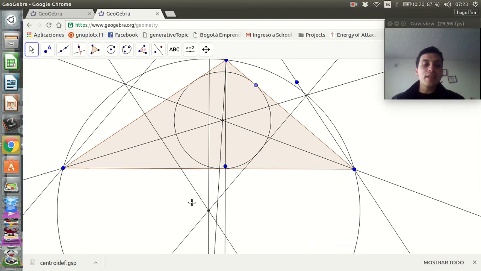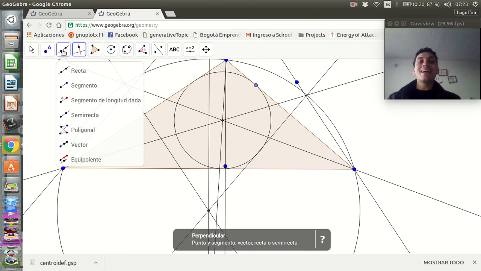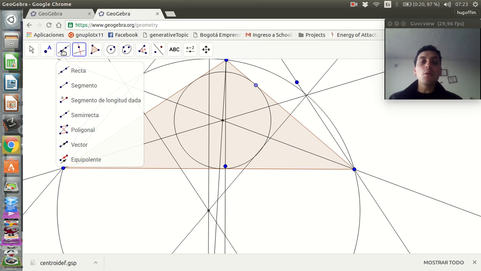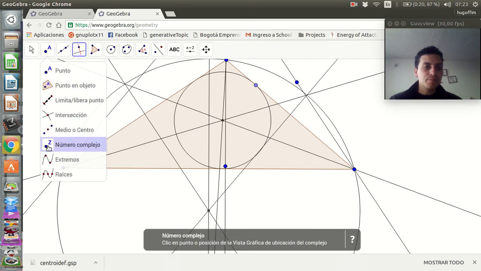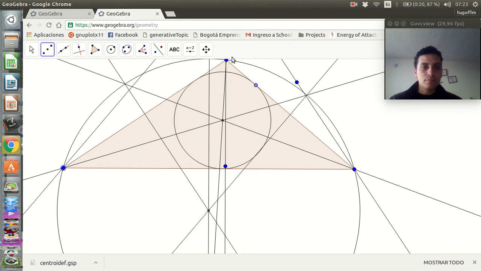Okay, and finally we're going to find the centroid. The centroid is given by the lines that start from the midpoint of a side and go to the opposite vertex. So we're going to use the midpoints. I'm going to take all the midpoints here.